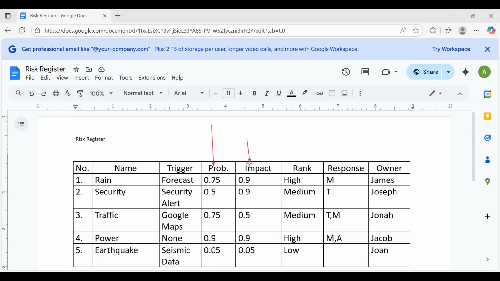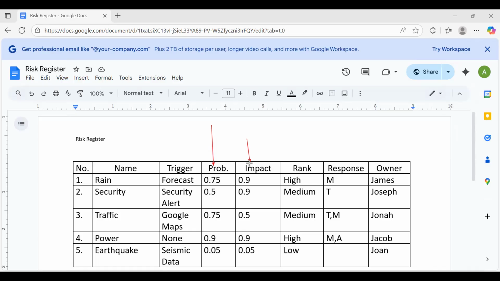That means we have to assess the probability of it raining in April and the impact. The probability is 0.75, which means there's a high likelihood it will rain. The impact, if we don't do anything, will be very high: 0.9 on a scale of 0 to 1 is high. This is what we mean by assessing the probability and impact.